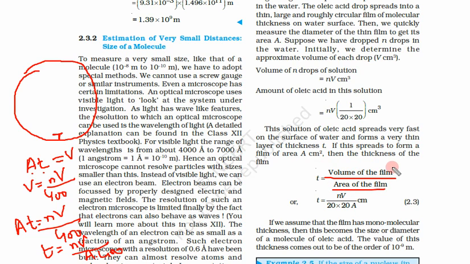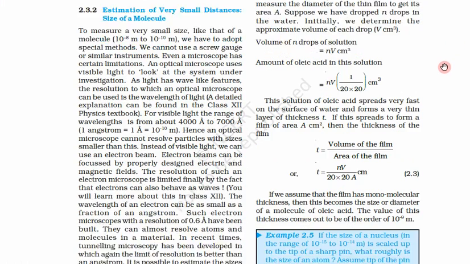The volume of the thin film must be equal to this volume, because we have only one volume. So the volume is NV by 400. We divide by area A, and this is equal to thickness. So in this way we can calculate the thickness of very thin films.